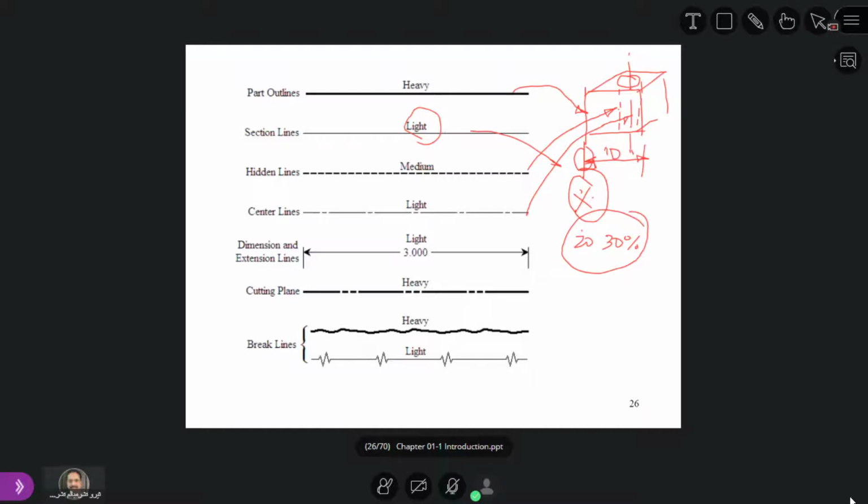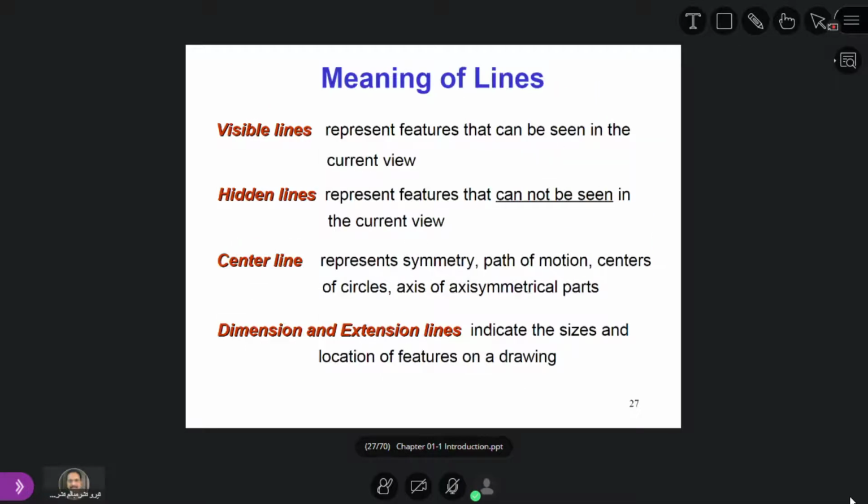If you use a thick line for the dimension line, you will lose marks. So you have to clearly indicate a heavy line, section line, hidden line, and center line. I hope now you remember this.